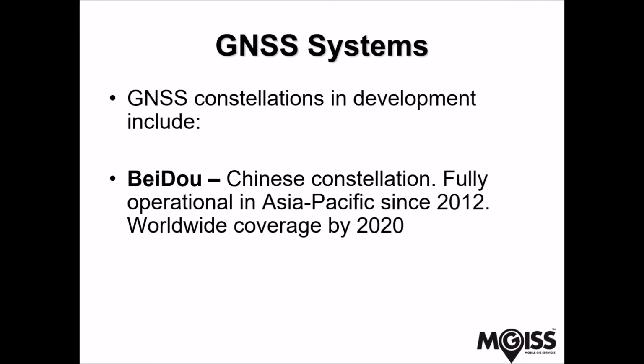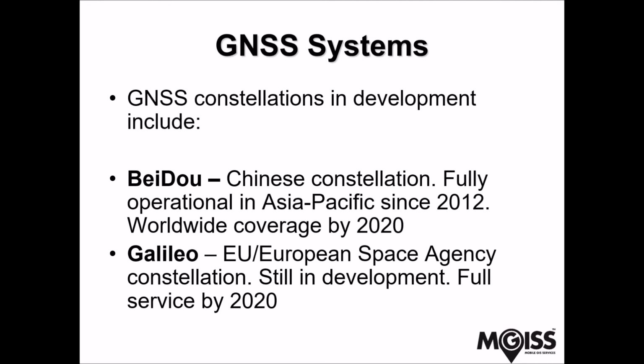GNSS in its truest form also includes the BeiDou satellite constellation, which is owned and operated by the Chinese. It's currently fully operational in the APAC region, and we will have worldwide coverage within a few years. But in Europe, we're also developing our own constellation of satellites called Galileo.